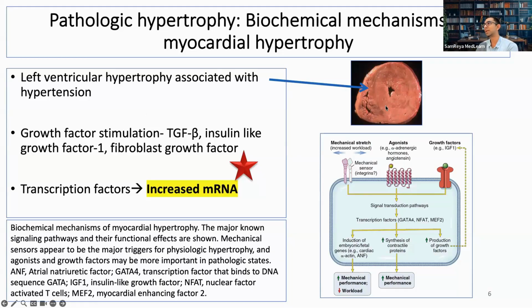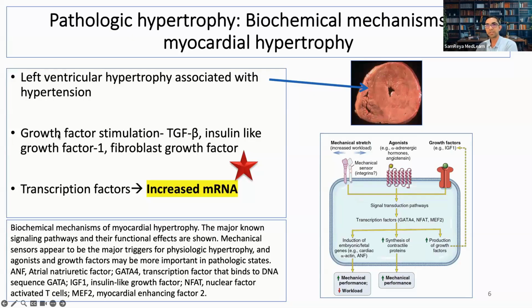This image is a cut section showing you the increase in muscle thickness in the left ventricle, because the left ventricle is the one pumping blood out to the body. If there is more blood pressure in the body, then the heart muscles have to grow big. Easy, right? And interesting also.